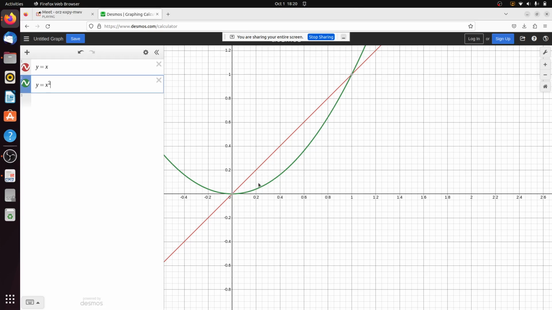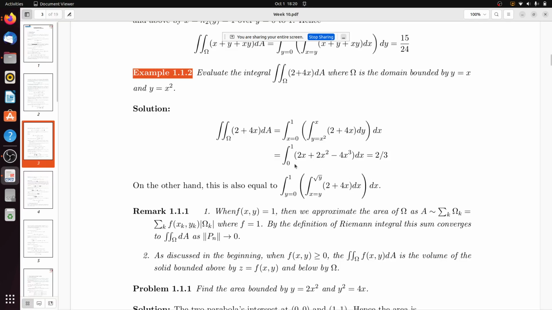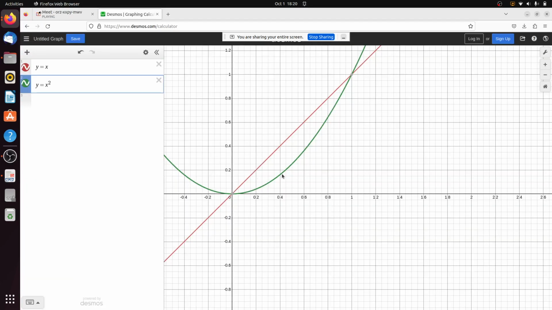That will be easier for you to handle. Now see how they are solving. They are solving with x equals 0 to 1 and y varies from x square to x, because if you see, the integration is from x square to x, that is this slice, right? In this portion you have to integrate.